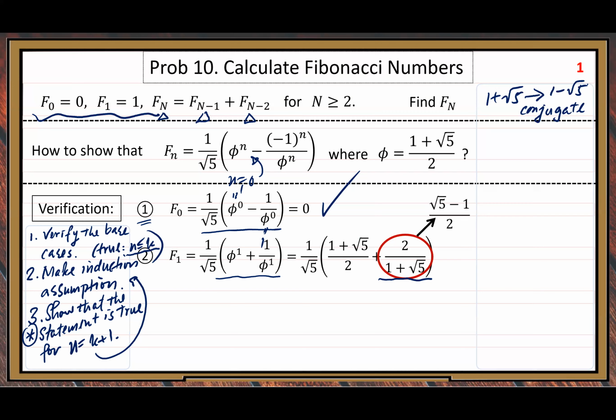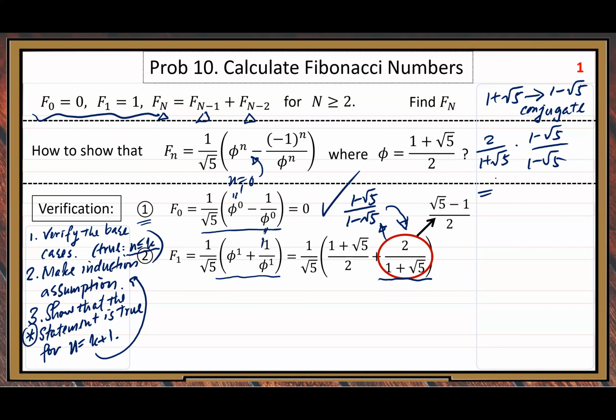You multiply both numerator and denominator by the conjugate. So when you do that, root 5, conjugate.